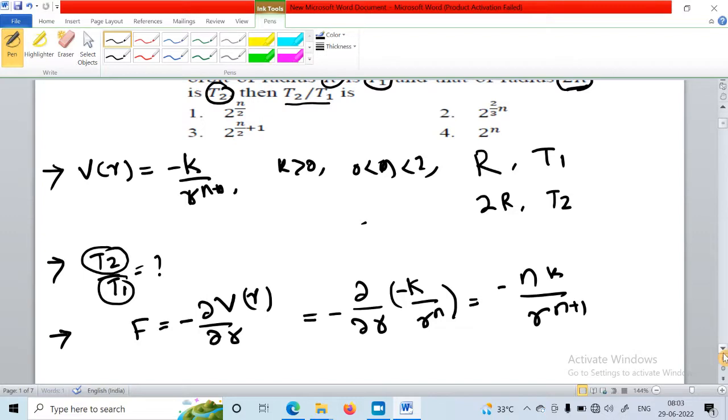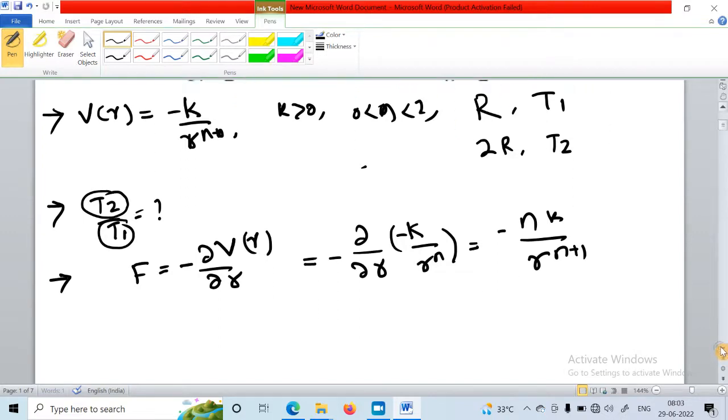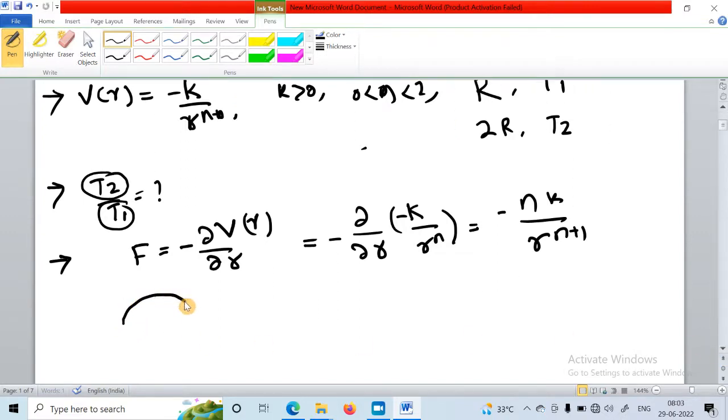Okay, this is the force, but as this particle moves in a circular orbit, this force is obviously the centripetal force, which is m v square by R, where R is the radius of the orbit.